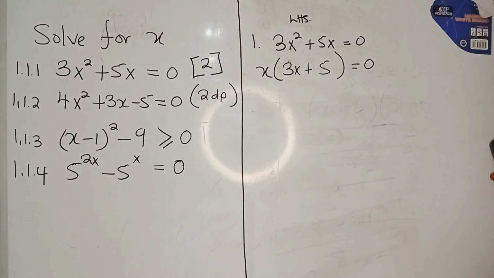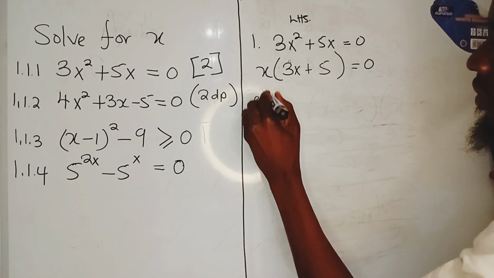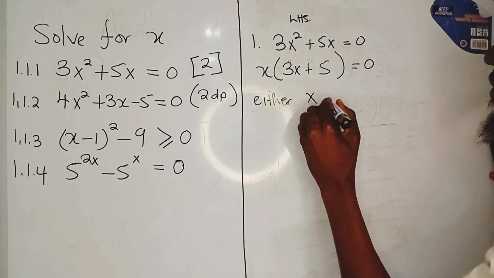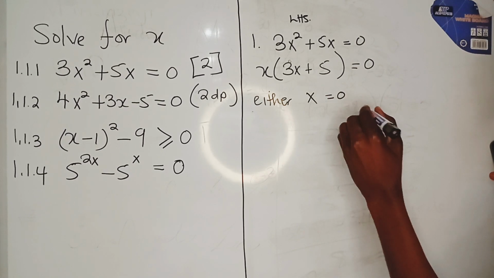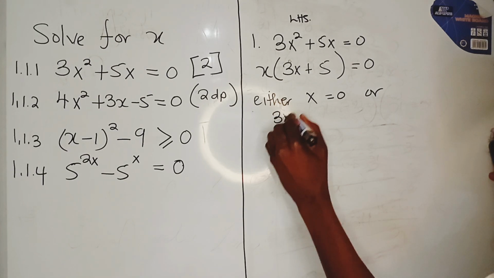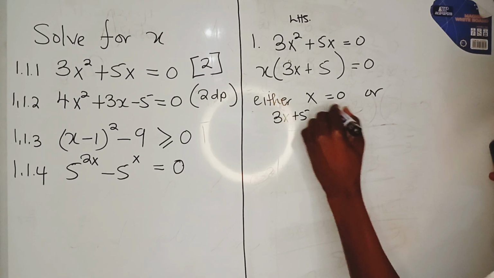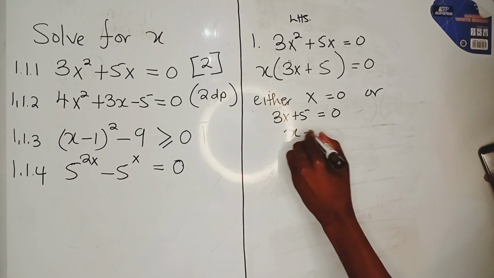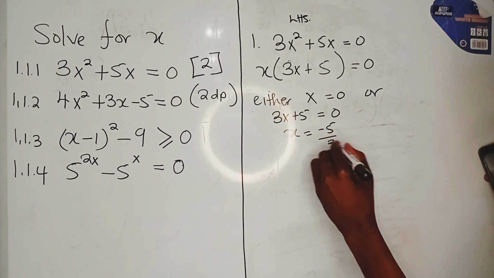is equal to 0. So from here, after we factorize, we then say either x is equal to 0 or 3x plus 5 is equal to 0. But obviously, we have to solve this one. So we'll get x is equal to minus 5 over 3.